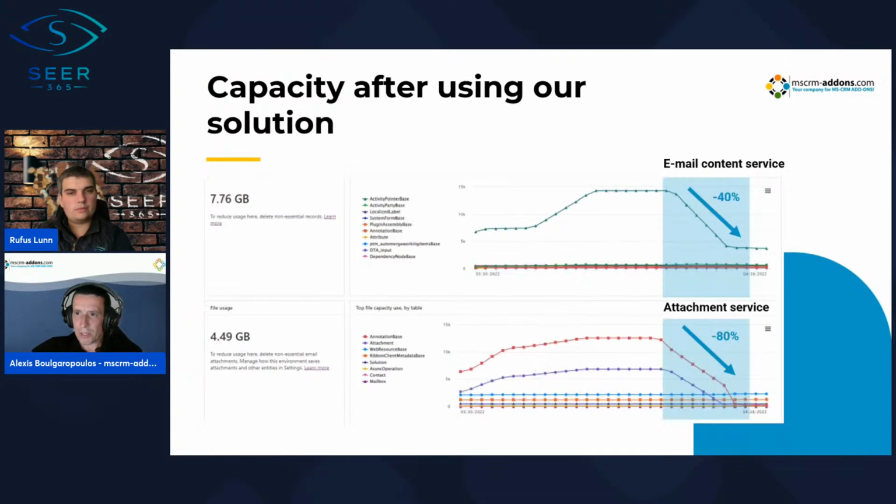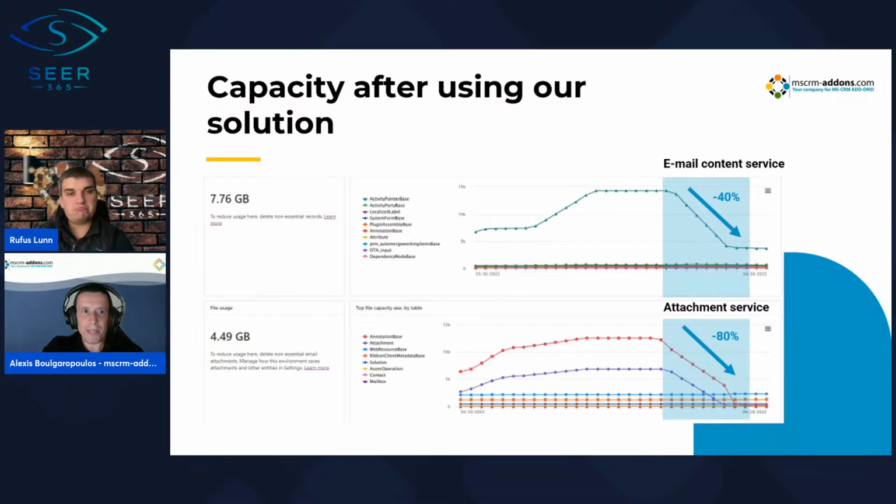And afterwards, after the extraction, let's look at that action here. Basically nothing changes for the end user, but the activity pointer base capacity is reduced by 40%, and the attachment and annotation base is reduced by at least 80%.